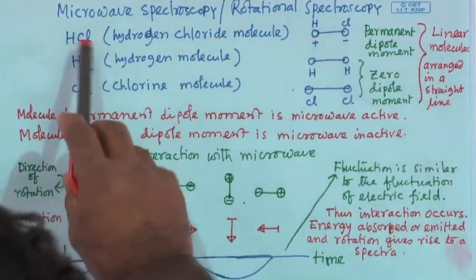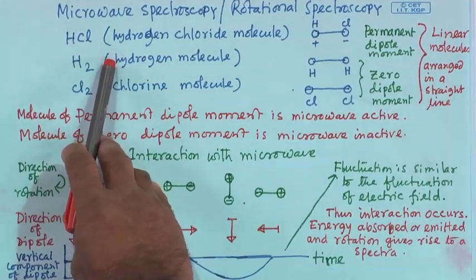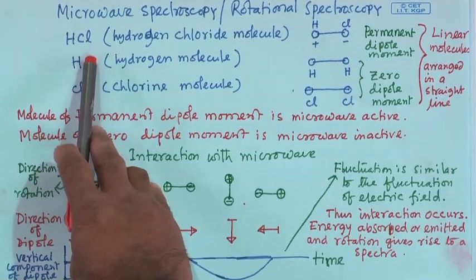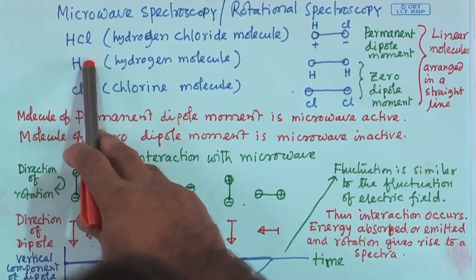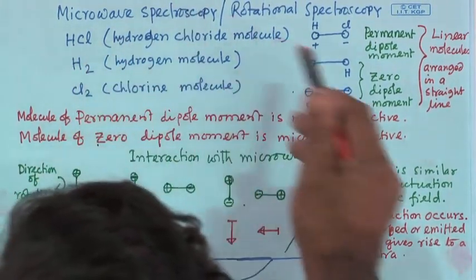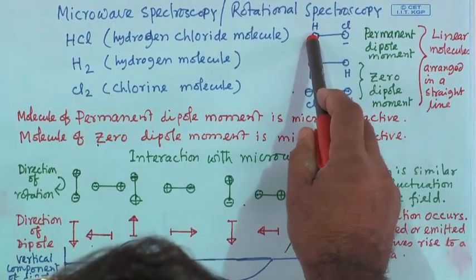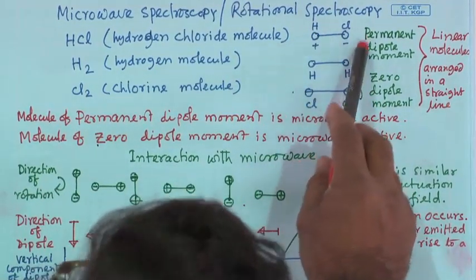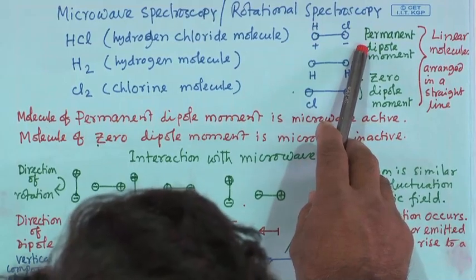Let us say HCl is a diatomic molecule, right. It has one hydrogen and one chlorine, okay.